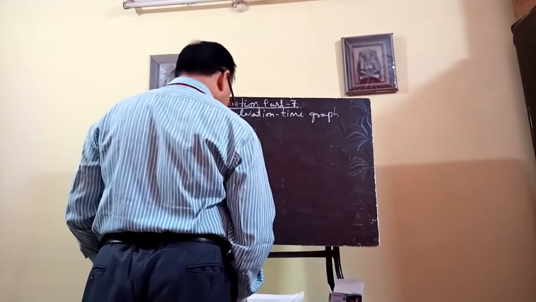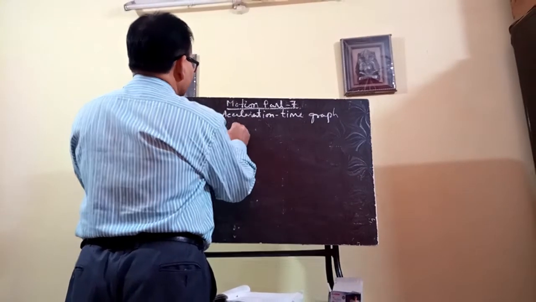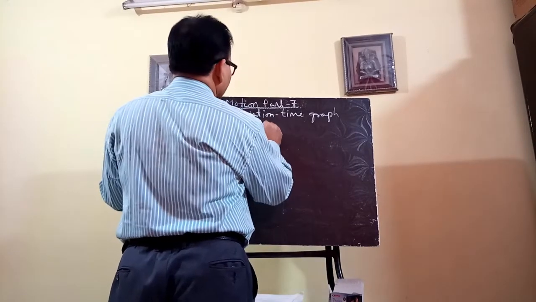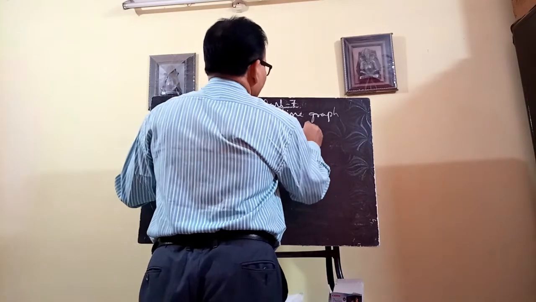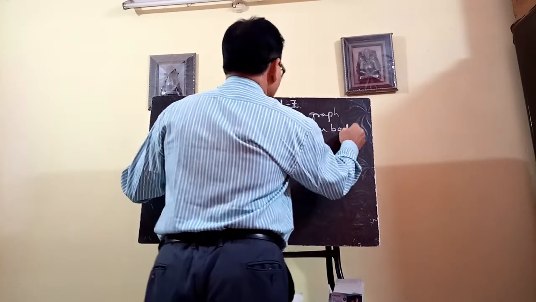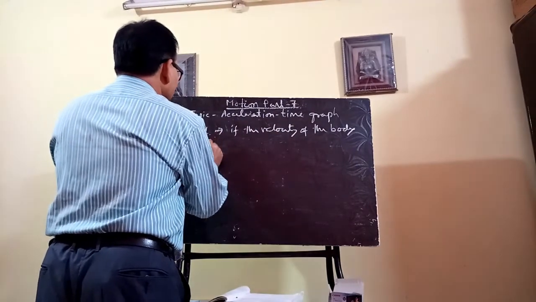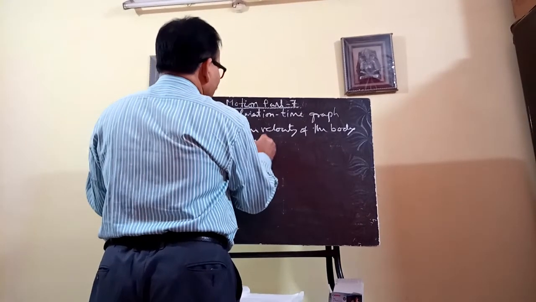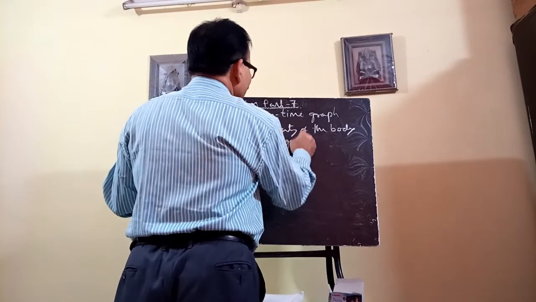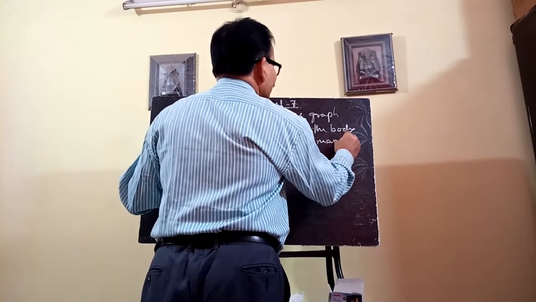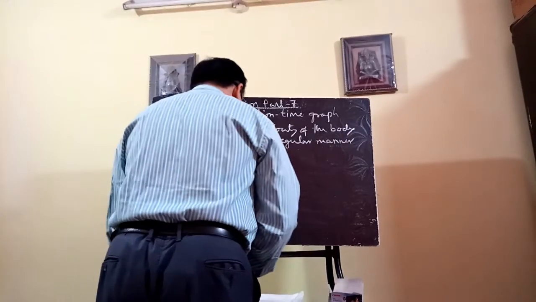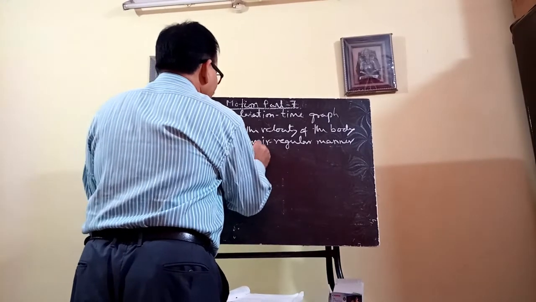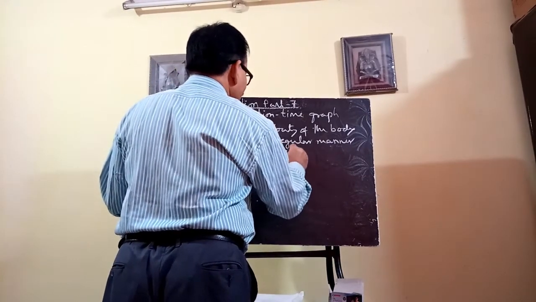In this case, you see, if the velocity of the body changes in an irregular manner, then the acceleration is not uniform.